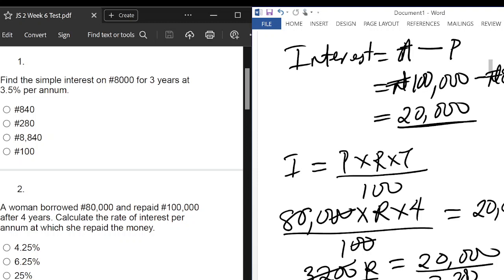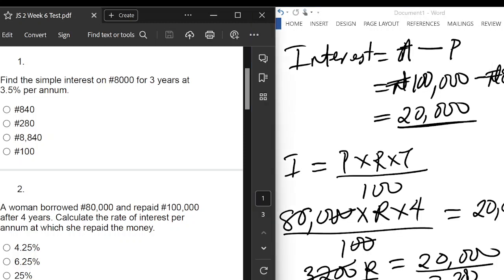And we're going to have this cancel this. So 20,000 divided by 3,200, we have 6.25%. So that is the second option, which is option B here, right? So that is that for question number 2.